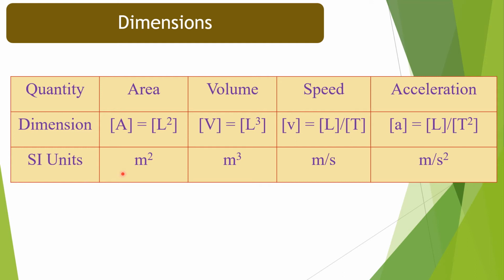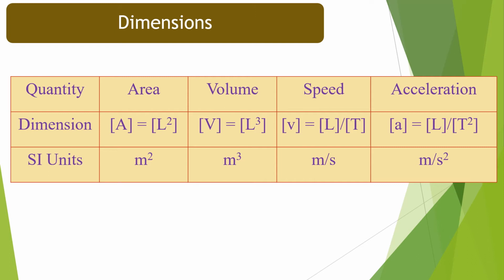So for area, we write [L^2]. For volume, [L^3]. For speed, [L/T]. For acceleration, [L/T^2]. This is the representation of dimensions.